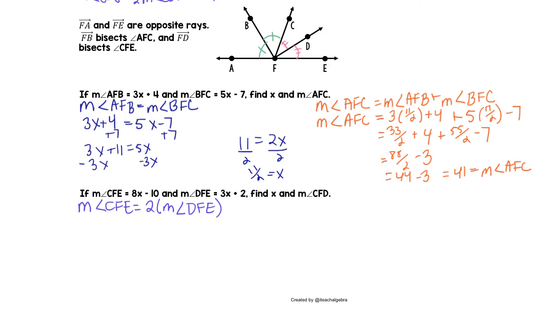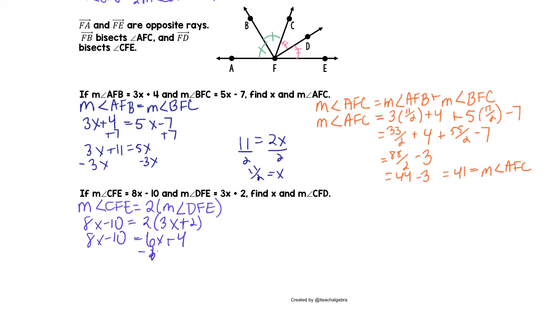Let's plug in what we know. Measure of angle CFE is 8x minus 10, and that's equal to 2 times DFE, 3x plus 2. We can solve for x. 8x minus 10 is going to stay the same. We distribute that 2 and get 6x plus 4.